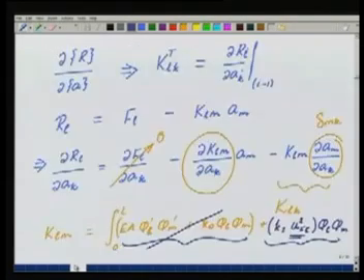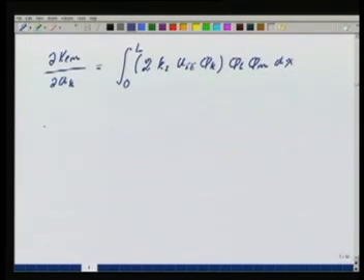Okay. So now what do we have to do? Here you see that del R_L by del A_K is equal to minus K_LK plus or minus this part. So we will do that. So this quantity will now become del R_L by del A_K is equal to minus K_LK. This K_LK contains both the linear and the nonlinear part.